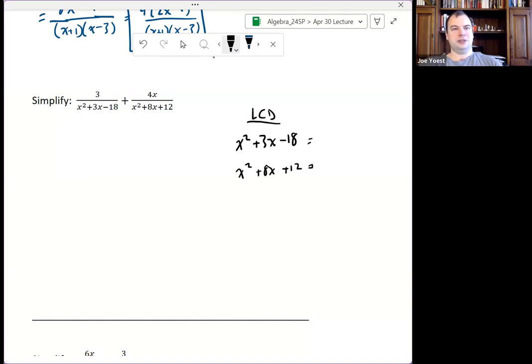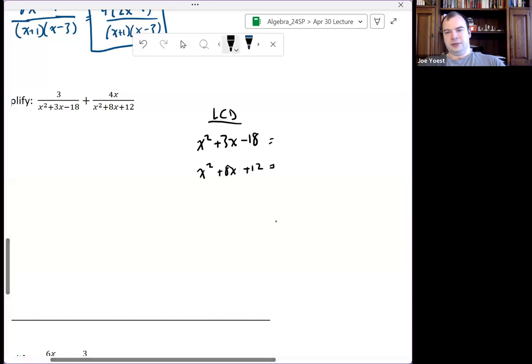I take my two denominators, I factor them, I get the prime factorization, so to speak, or I factor my quadratics into hopefully two linear factors. x squared plus 3x minus 18: are there two numbers that multiply to minus 18 that have a sum of plus 3? I think that's plus 6 and minus 3, right? 6 times 3 is 18. So I think we have (x + 6)(x - 3).